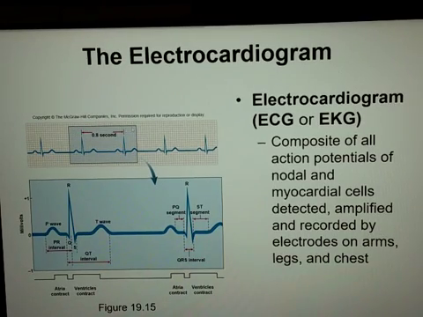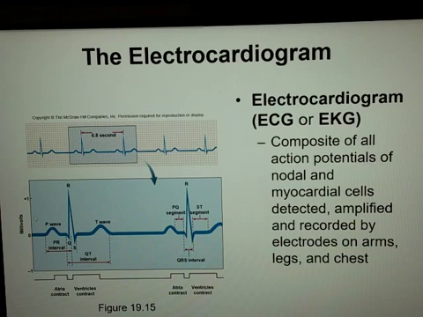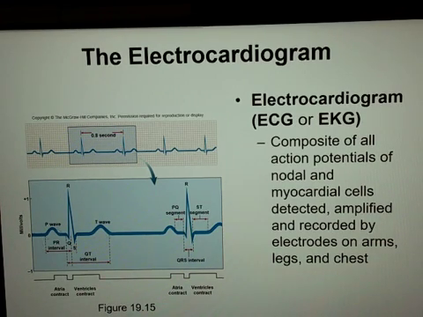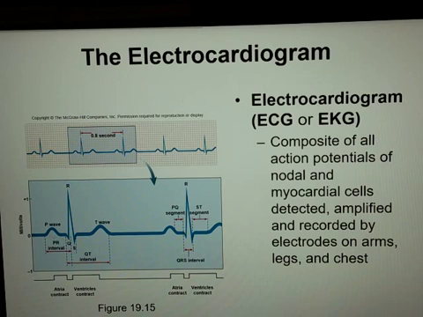So when an EKG runs and we get the tape, the read from the EKG, under normal conditions, we get this nice formation of the waves. And so what this is referred to, we have our P wave, we have the QRS complex, and then we have the T wave.